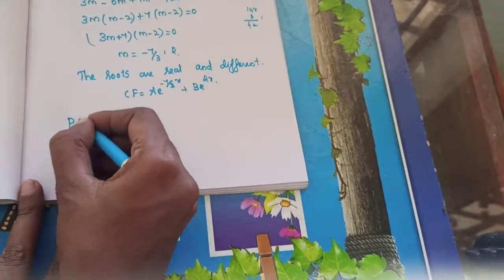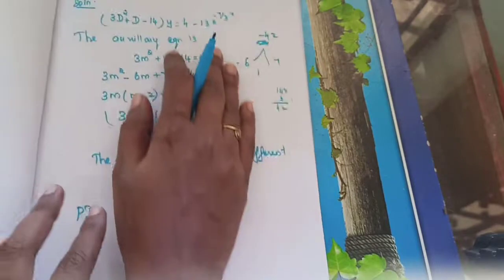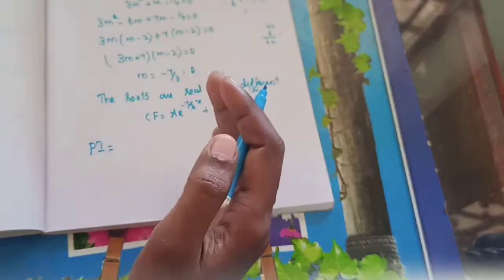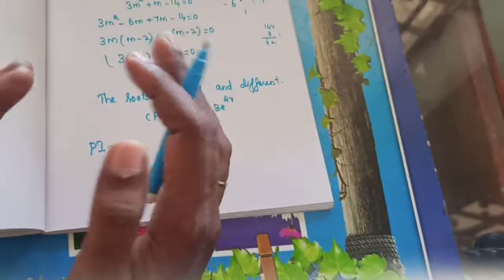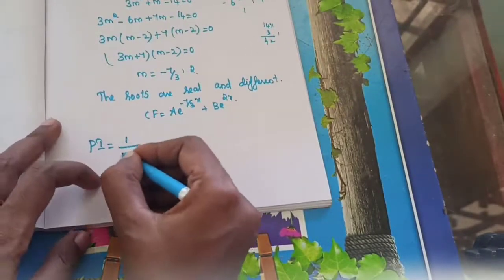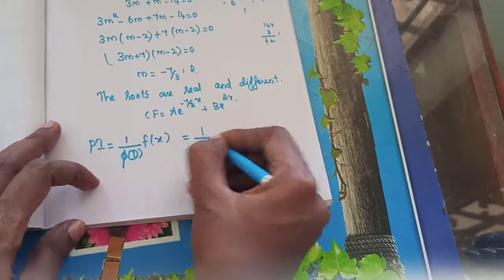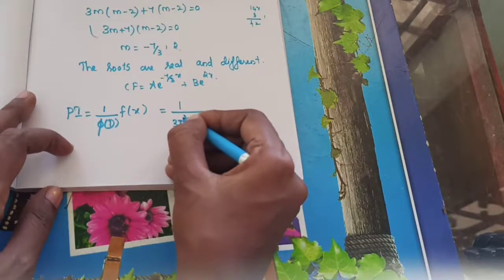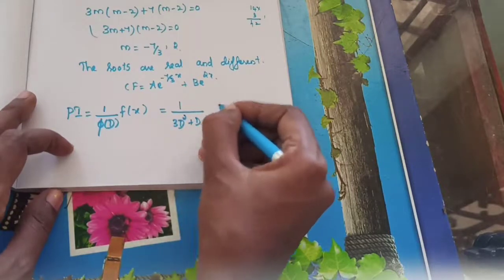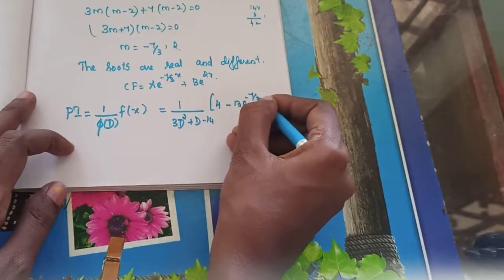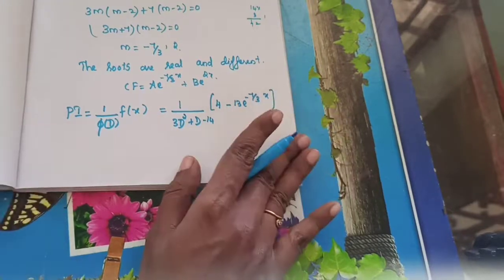So find out the particular integral. Here for 4 we now need to find, is it right? This alone you need to do. So that is only one number, it's not separate. 1 by phi of D into f of x equals 1 by (3D square plus D minus 14) into (4 minus 13 e power minus 7 by 3 x).